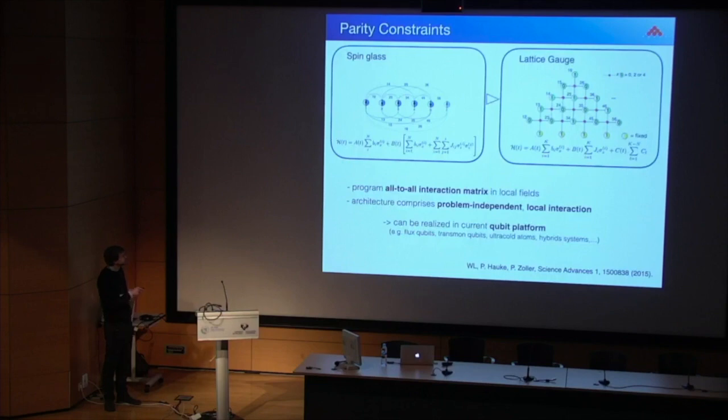So this means we started with a Hamiltonian which has the usual form that we've seen very often in optimization problems, which has all-to-all Jij, so all-to-all 2-body interactions, and we've translated it into a problem where the problem is encoded in local fields, and the interactions are 4-body interactions, and these 4-body interactions are completely problem-independent, real gauge variables.